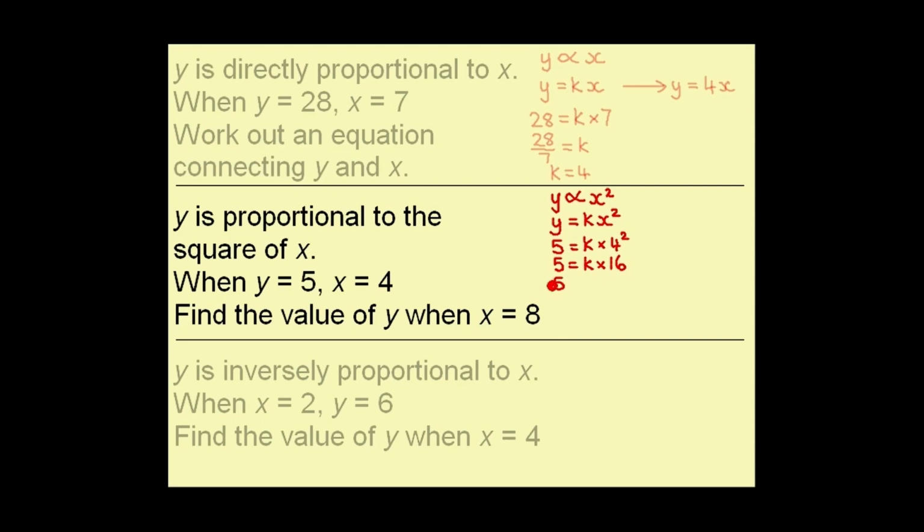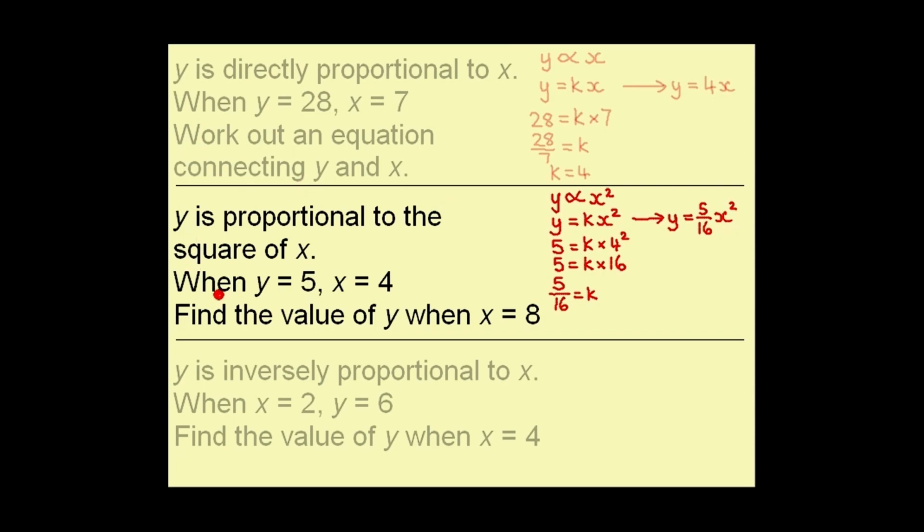So I've got 5 over 16 equals k. Now I can use this and this line to give me an equation linking y and x. So I've got y equals k, which is 5/16, and then x squared. Now I've got my equation linking x and y.